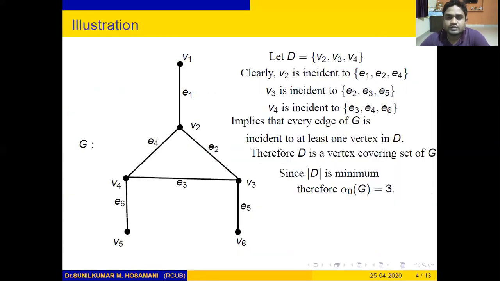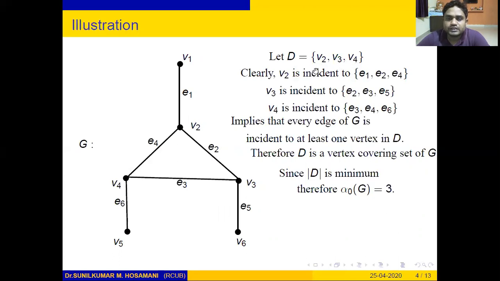So here, consider a graph G. This graph contains 6 vertices V1, V2, V3, V4, V5 and V6, and there are 6 edges E1, E2, E3, E4, E5 and E6. Let us select a subset, say D, equal to V2, V3, V4, which is clearly a subset of the vertex set.